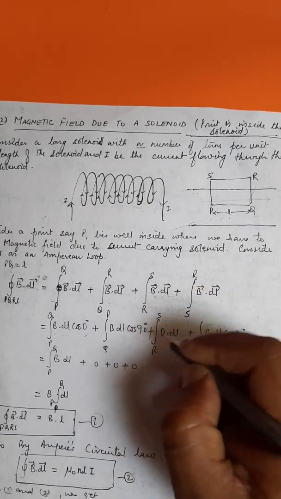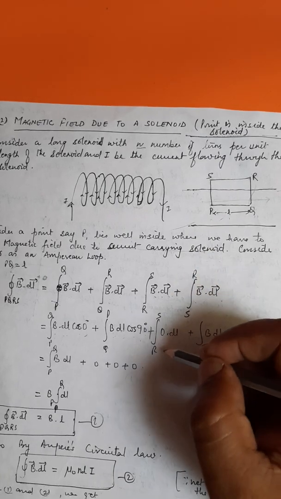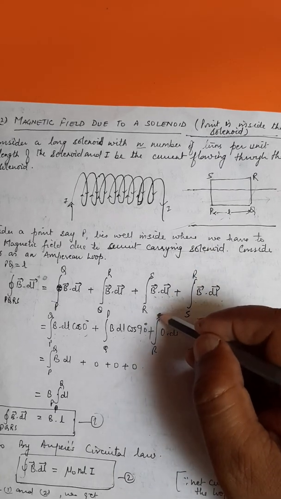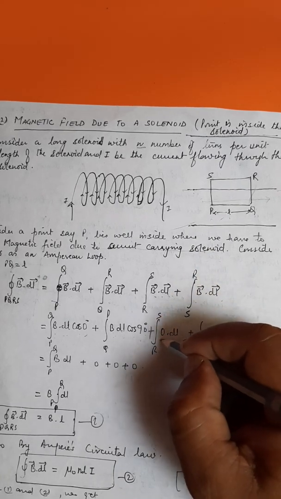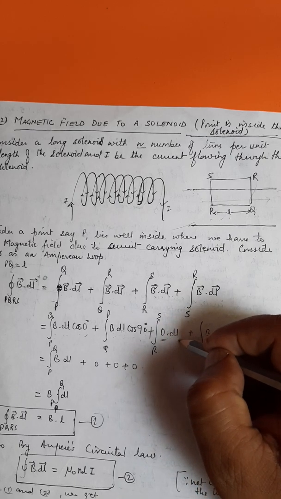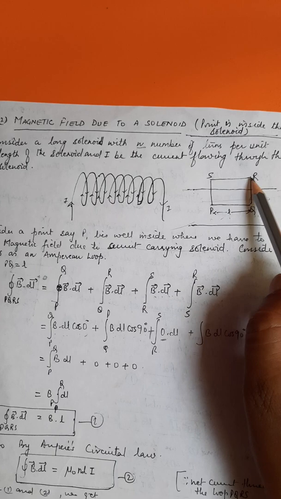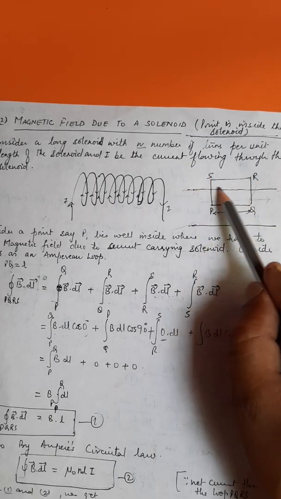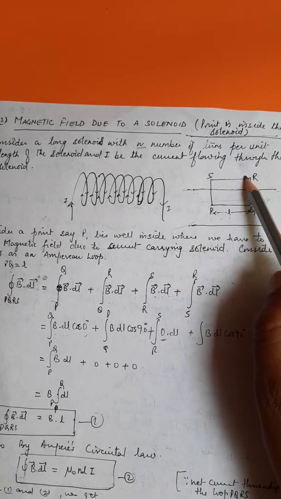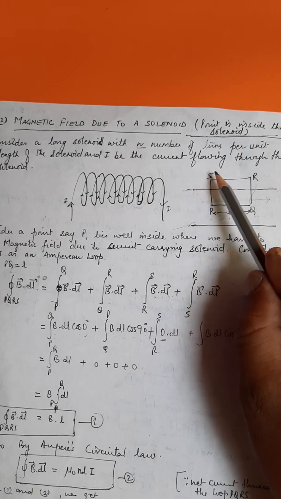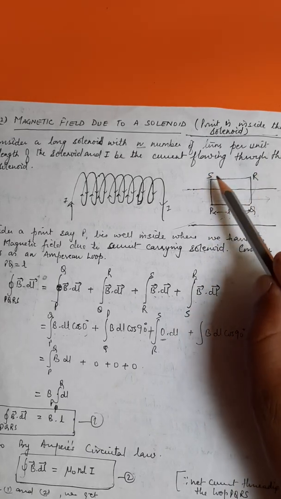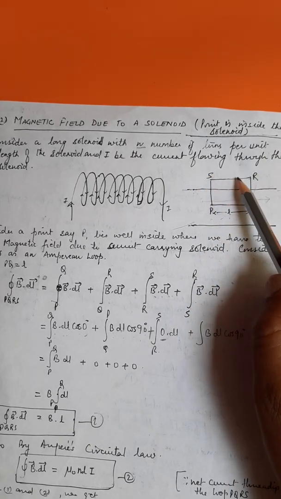Plus for the third part, R to S, I have written 0 dot dl, because if we take RS close to the solenoid but outside, the magnetic field there will be 0.